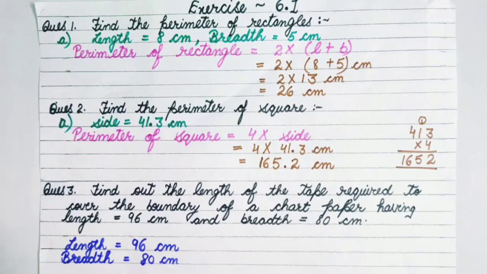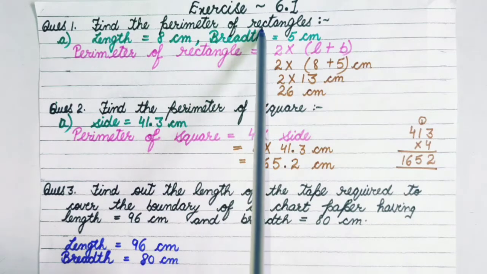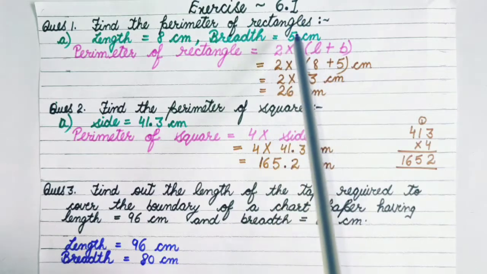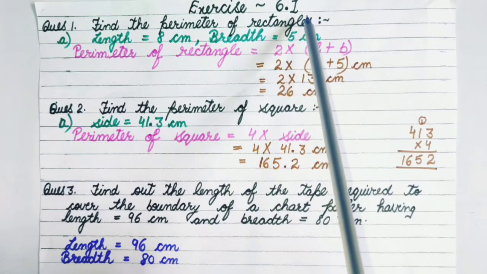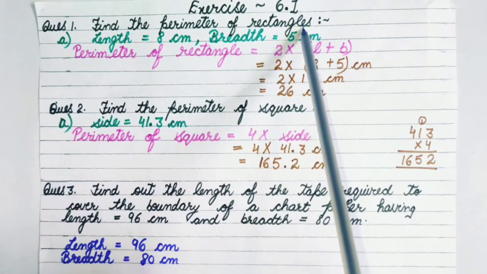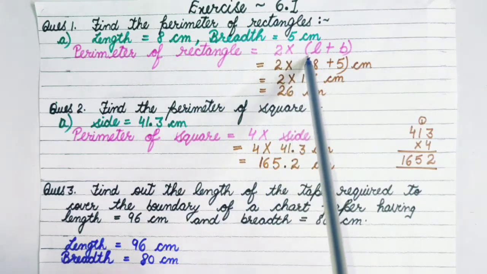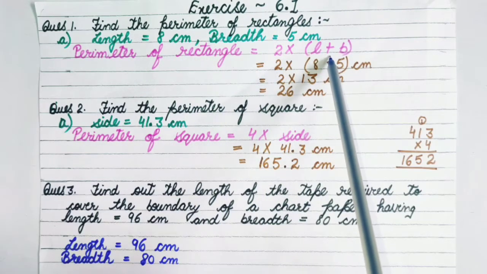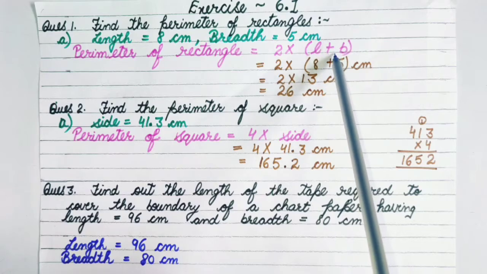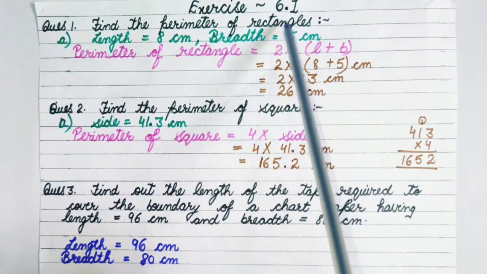Now we will start our first exercise, which is based on this perimeter concept. Question number 1: find the perimeter of the rectangles. Class, you have two options: you can calculate the perimeter of a rectangle with the help of the formula, or you can add the lengths of all sides of the rectangle.